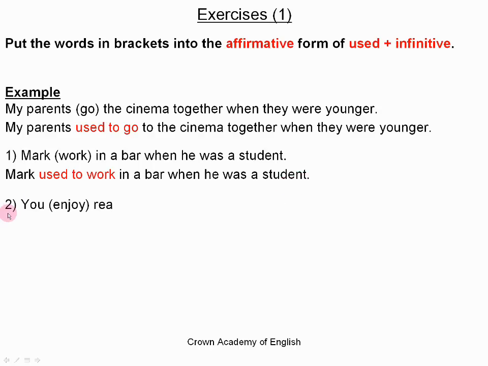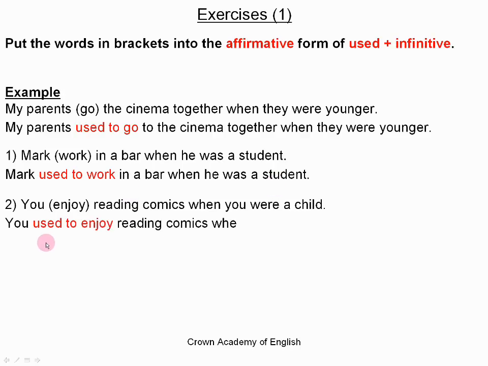Question 2. The answer is, you used to enjoy reading comics when you were a child.